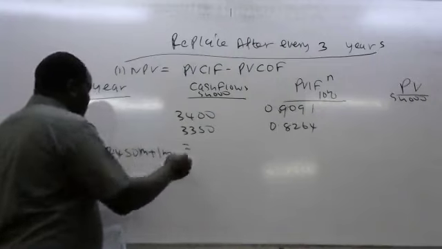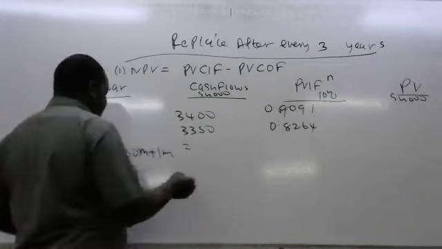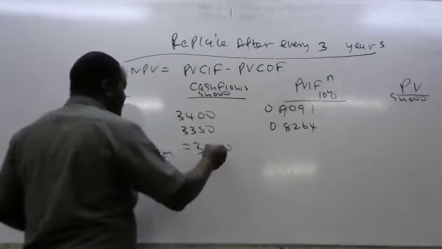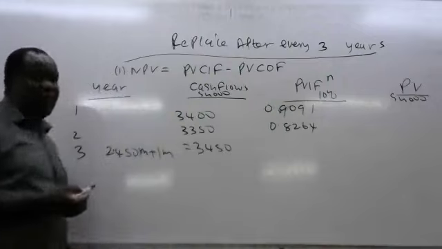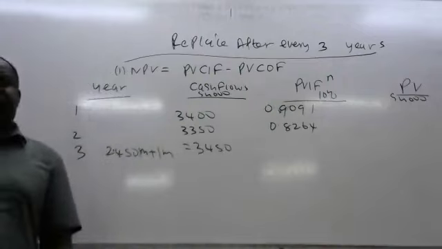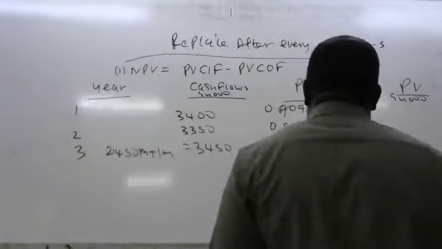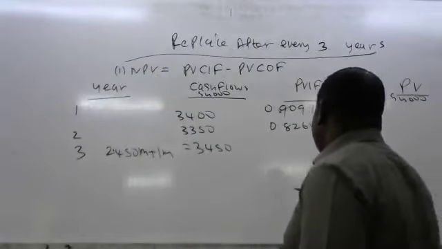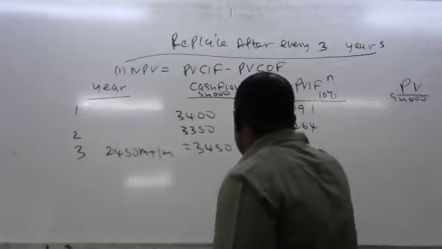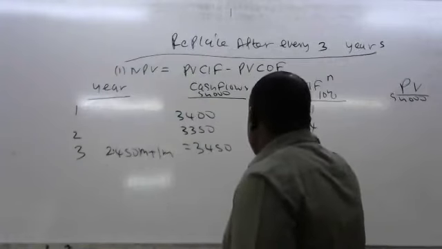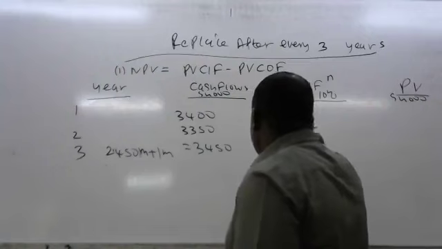So that means you'll be getting 3,450,000. Also confirm in the table what is 10% in year 3. 7.5.